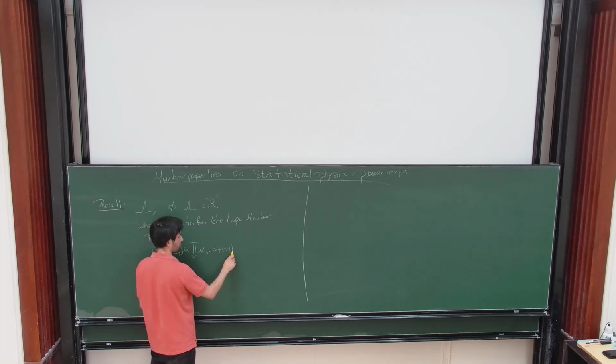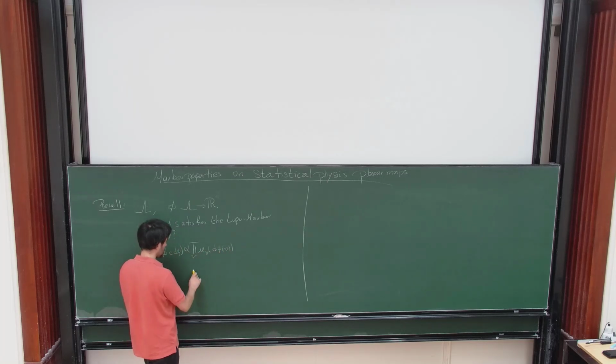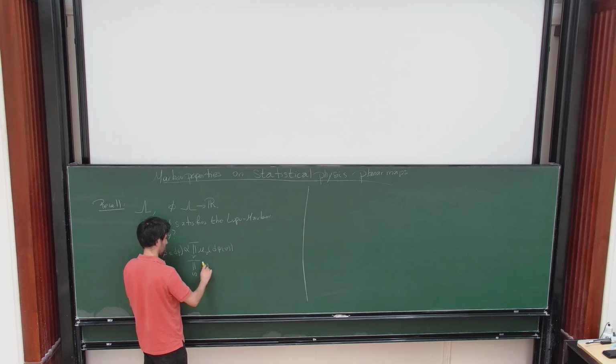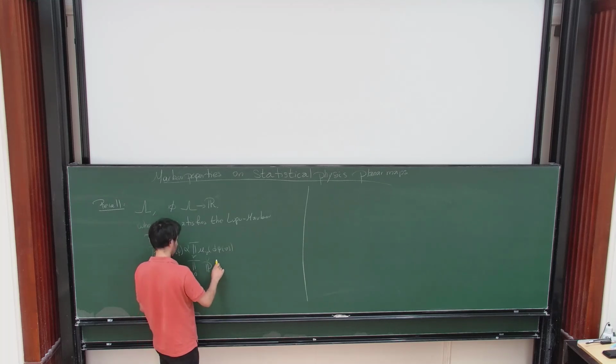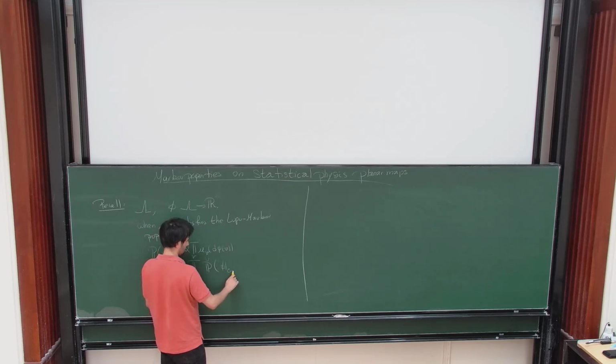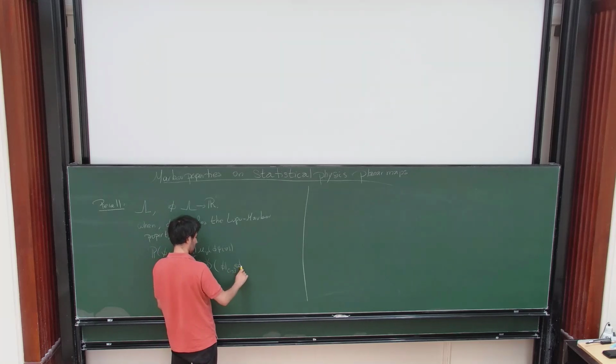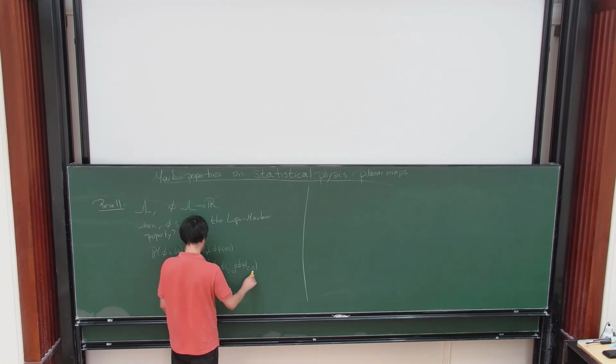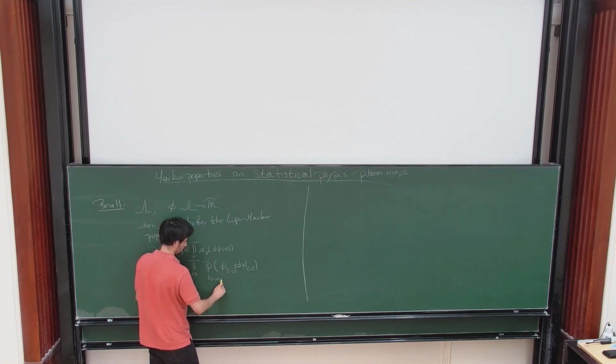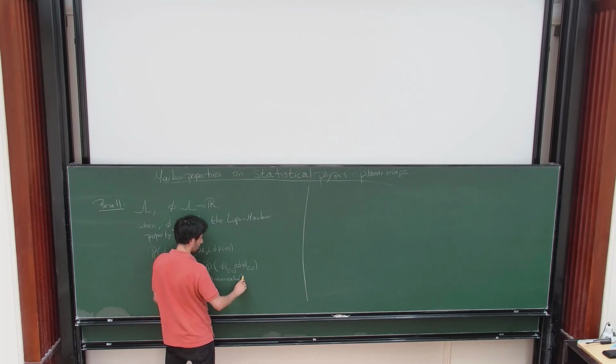So you have to put a measure on top of the vertices, and then you put on the edges the unnormalized probability measure of phi restricted to ij. So this was just the unnormalized Brownian bridge measure.